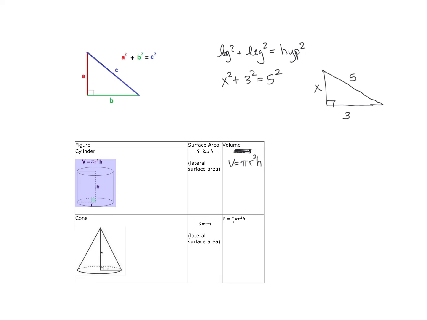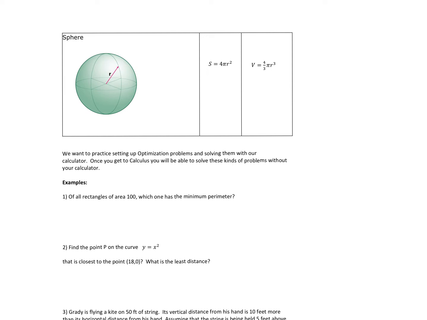And the volume is 1/3 pi r squared h. Oh, one additional formula or figure that we often use is the surface area of a sphere is 4 pi r squared, and the volume of a sphere is 4/3 pi r cubed.